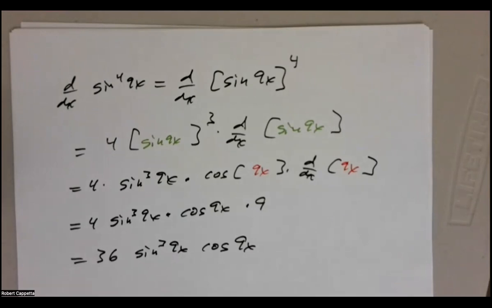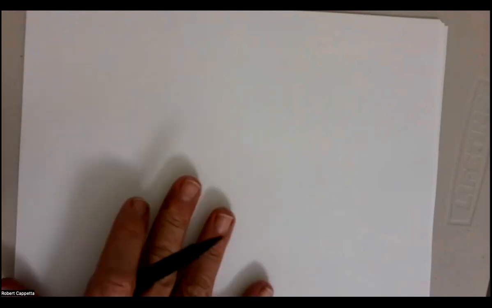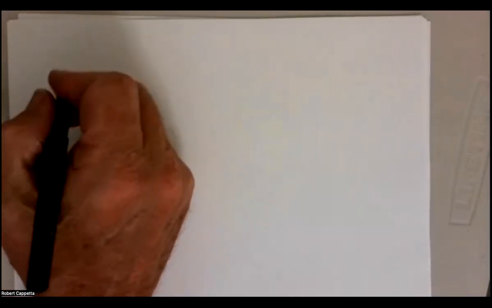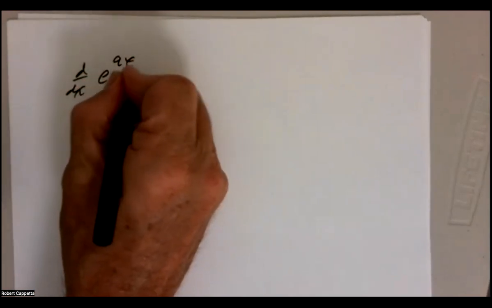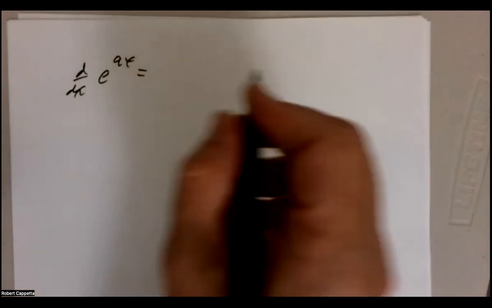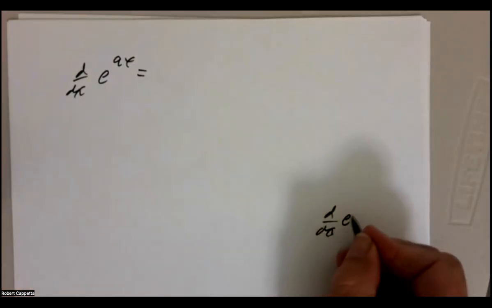So that's it for our discussion on chain rule, although notice the next problem is going to have a different version with exponential functions rather than trig functions. So on number 11, I have the derivative of e to the 9x. The derivative of e to the something, remember the derivative of e to the x is e to the x. Let's not forget that.